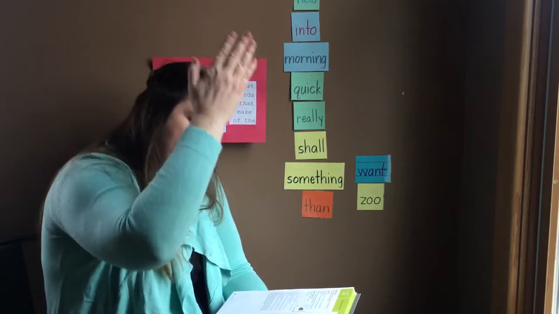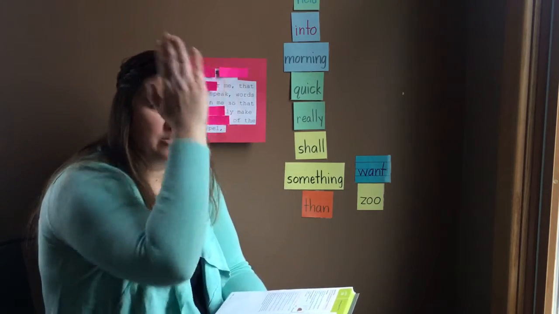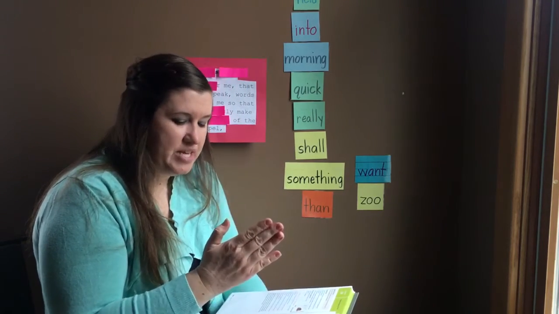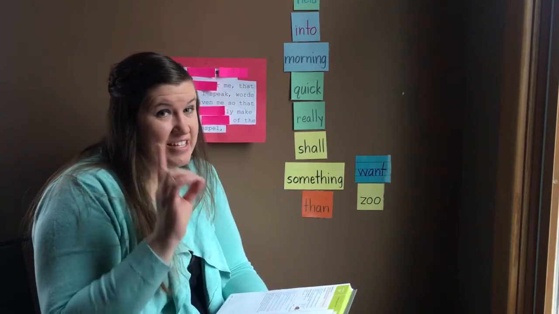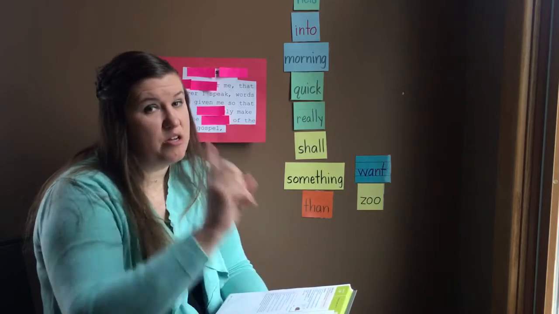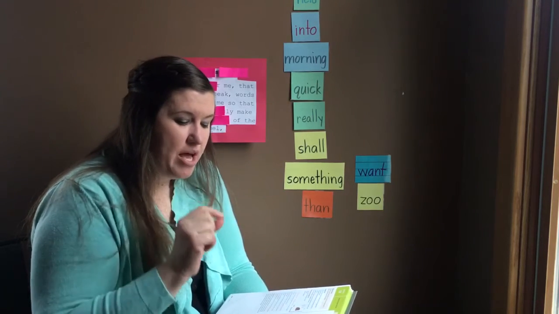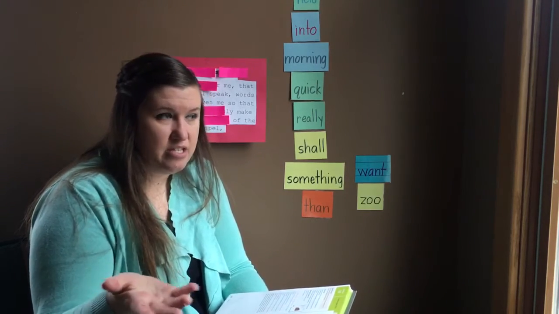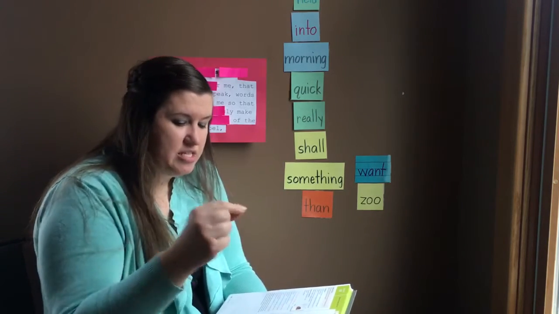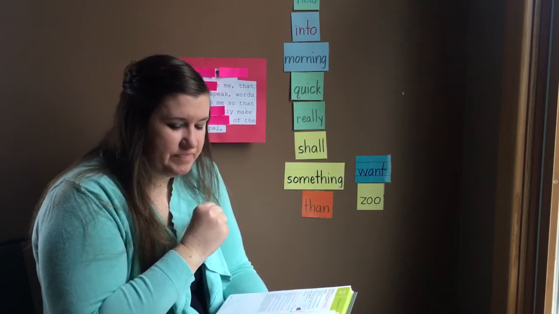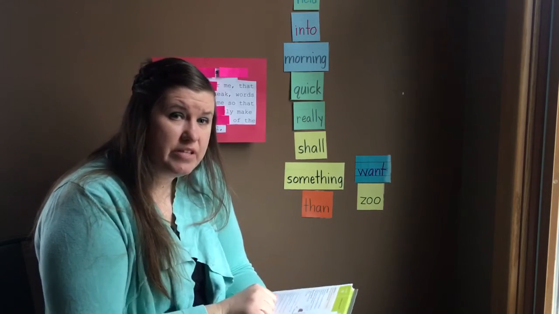It's going to go before builds. That's where it starts the predicate part. Now we're going to underline the subject. Just the subject, not the subject part. So a bird builds the nest. Who builds the nest? Bird. So we would just underline bird. Okay? So think carefully on this.